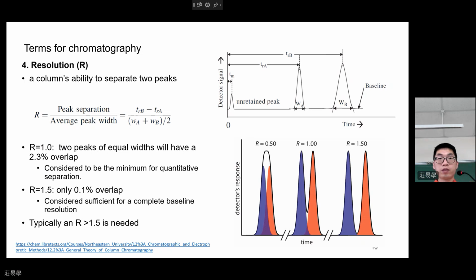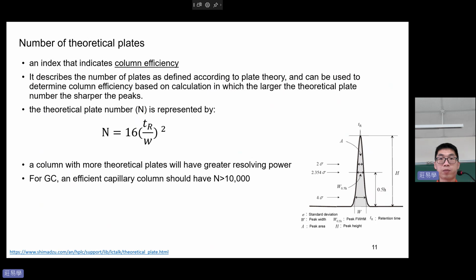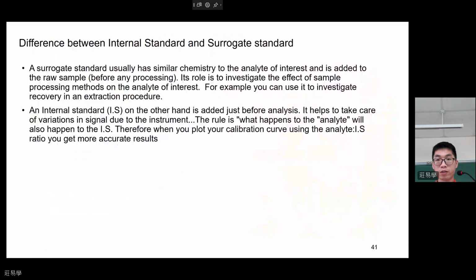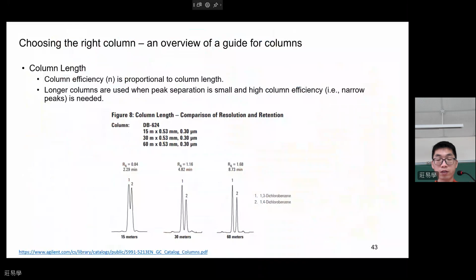I have a complementary slide. This figure is adapted from the user guide of a column.